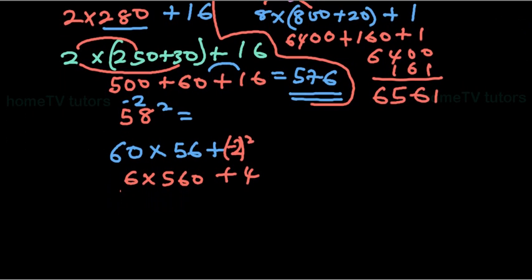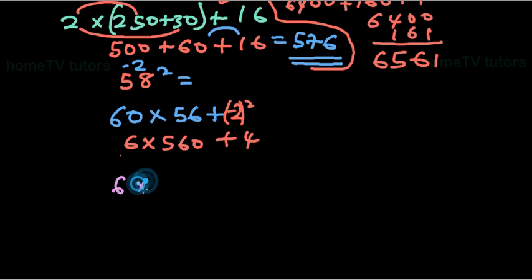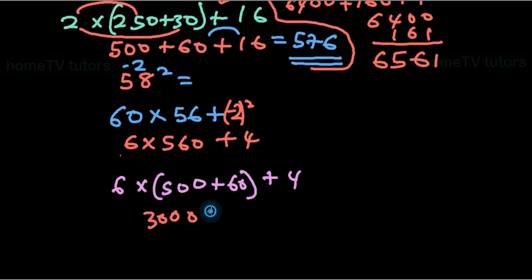If we break down 56, we have 6 times 500 in bracket plus 60, because 500 plus 60 is the same as 560. Then plus 4. So now we open the bracket again. So we have 6 times 500, which will give us 3000, 6 times 5 is 30. Then plus 6 times 60, which will give us 360, plus 4.